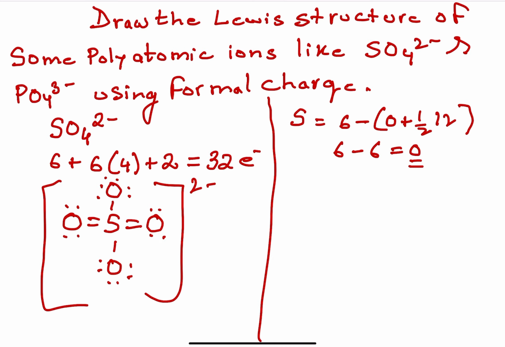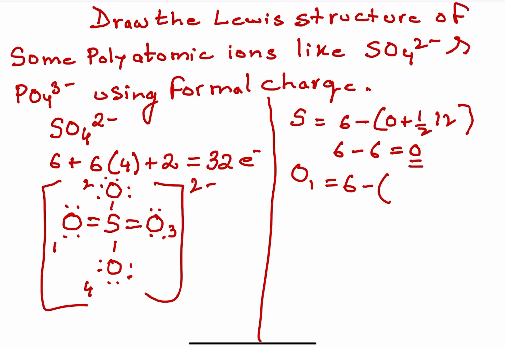Let's now take the oxygens. We can label them oxygen 1, oxygen 2, oxygen 3, and oxygen 4. Let's take oxygen 1. The number of valence electrons of oxygen is 6, minus the lone pairs. How many lone pairs does oxygen 1 have? 1, 2, 3, 4.